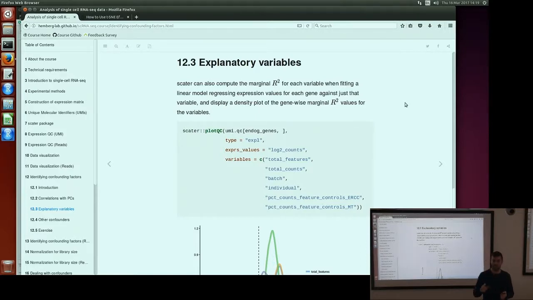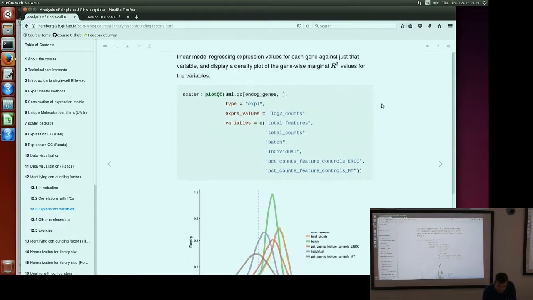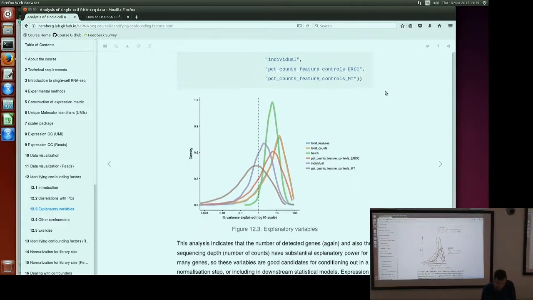So that gives us a distribution of R-squared values for each variable of interest. And that we can use to get an idea of, on average or across all genes, which variables seem to account for a lot of variation in the gene expression values. And so doing that, we can get to a plot like this.